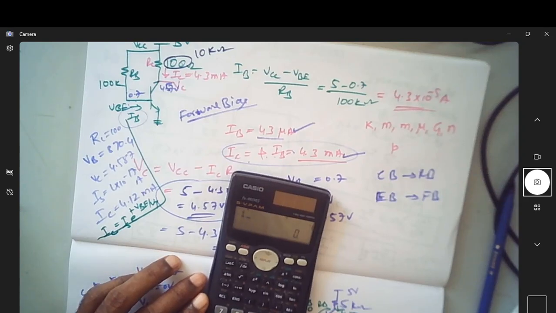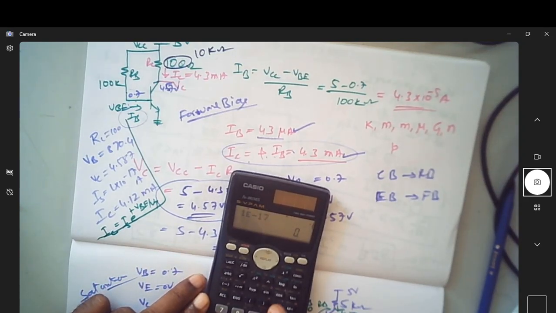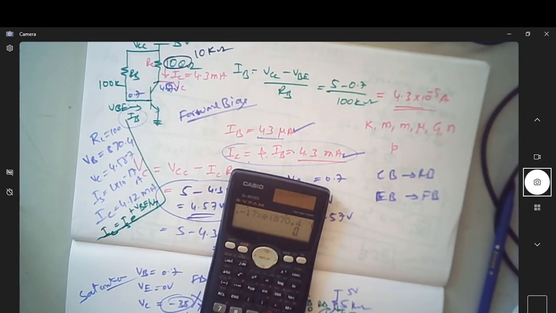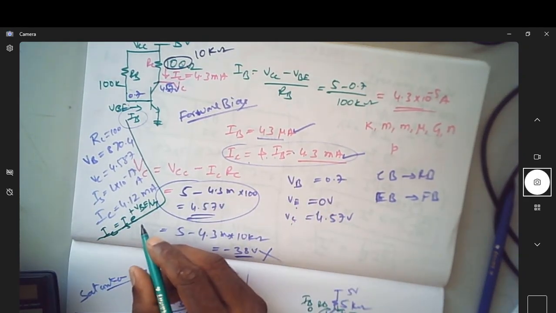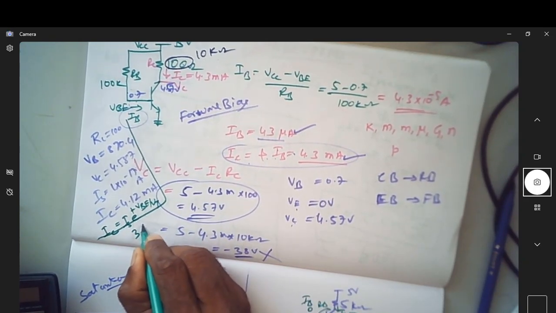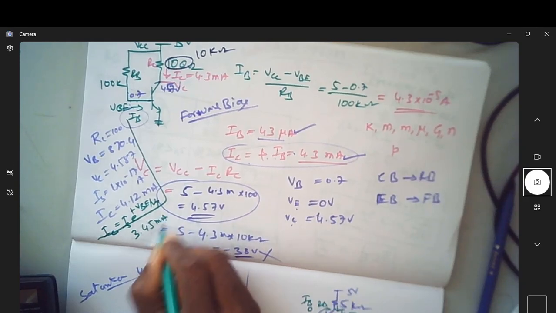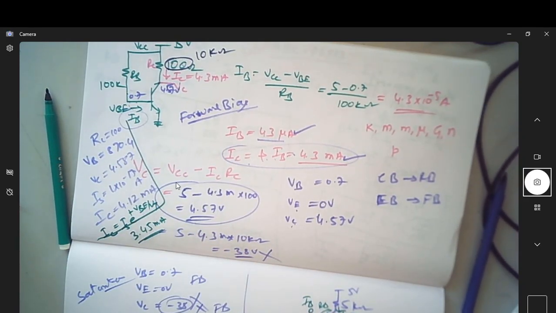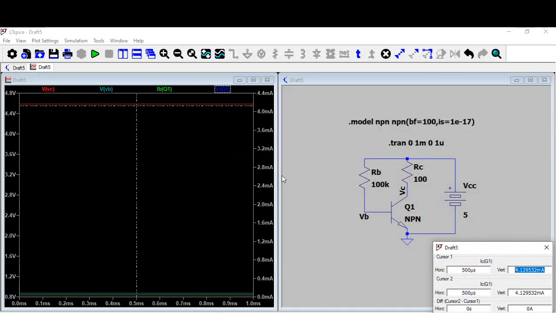It is 1 exponential minus 17 into exponential 870.4 divided by 26. Can you see now it is 3.45 milliamperes.